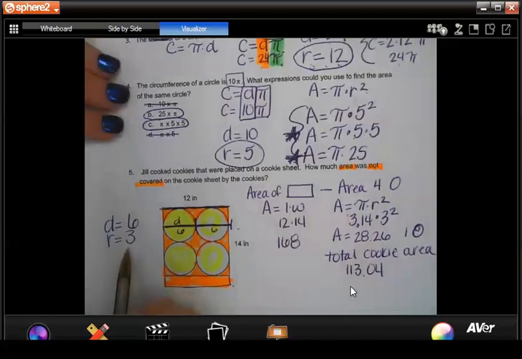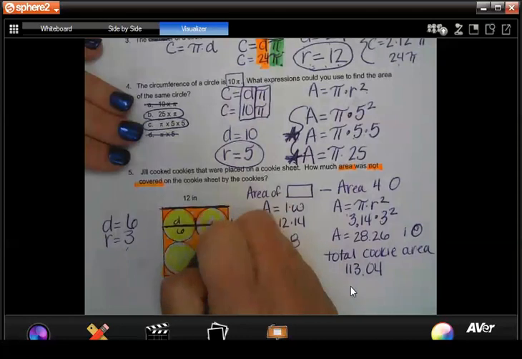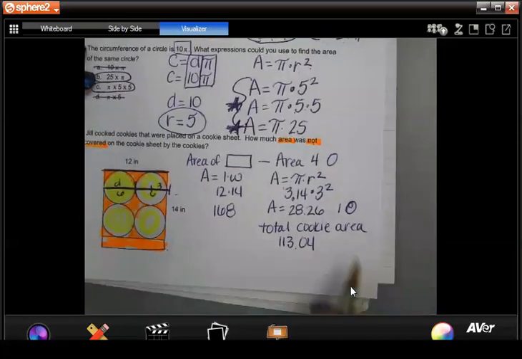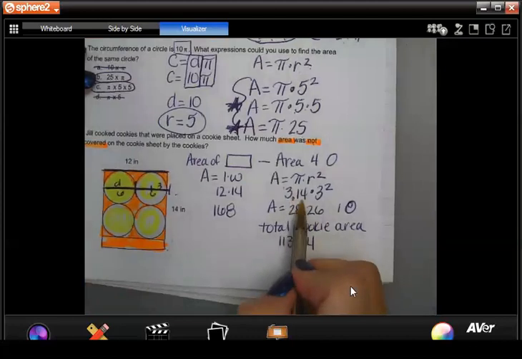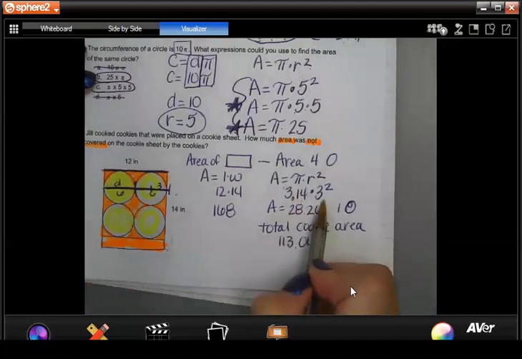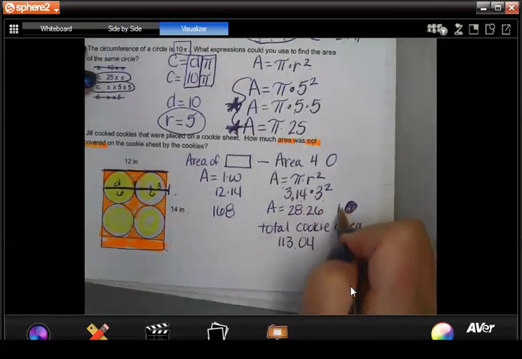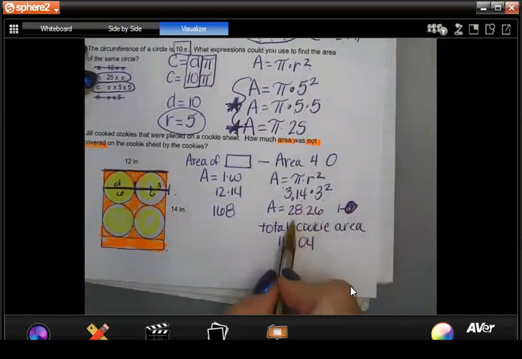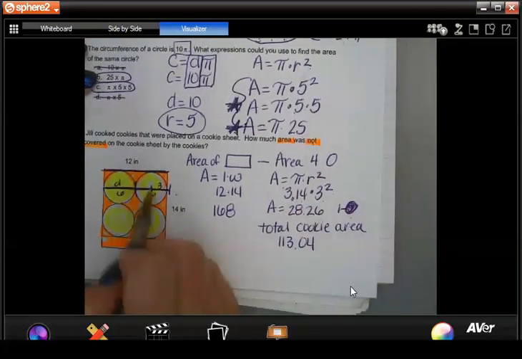So that's why I had to cut it in half again. So my radius was 3. So now I went pi 3.14 times radius 3 squared, and I got this. This was the area of one of my circles. So to find the total area, I multiplied this by 4 because there's 4 cookies on here.